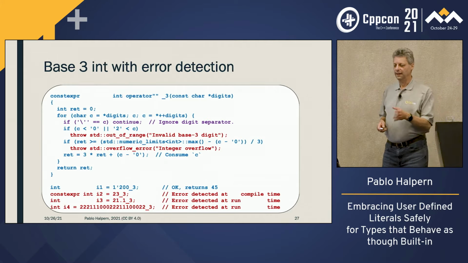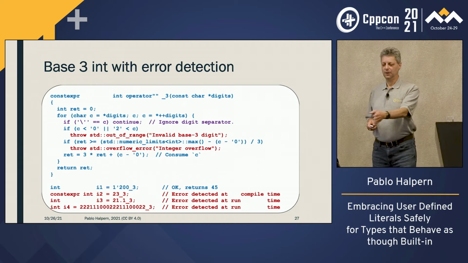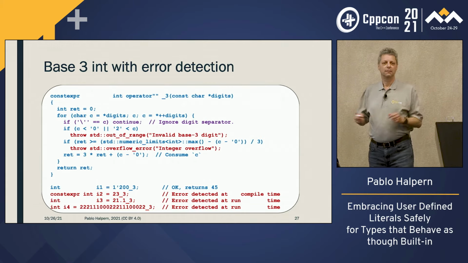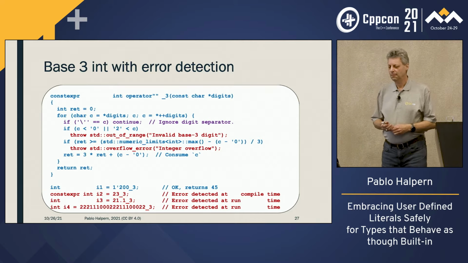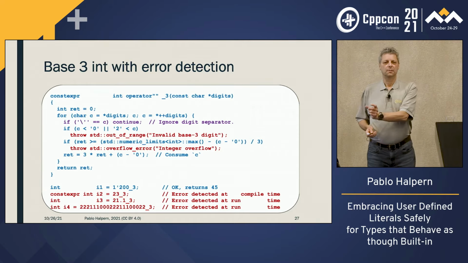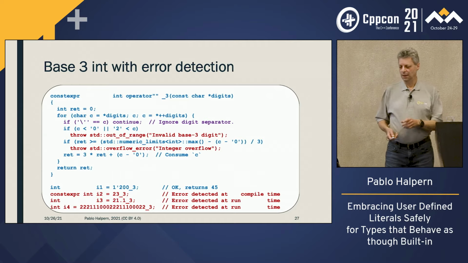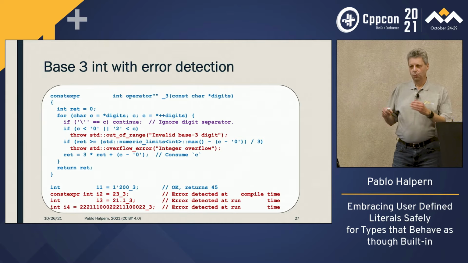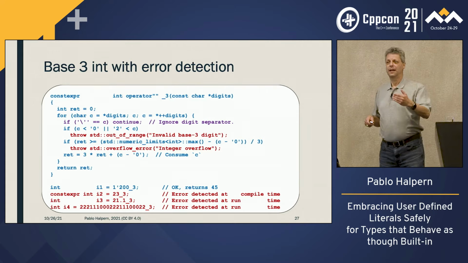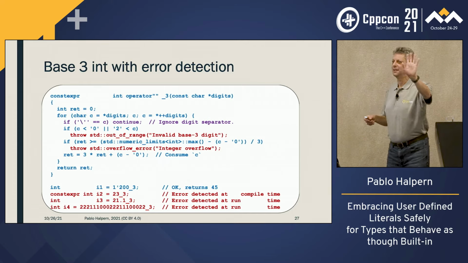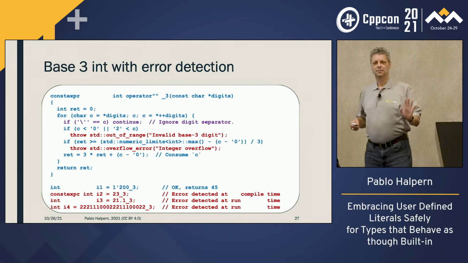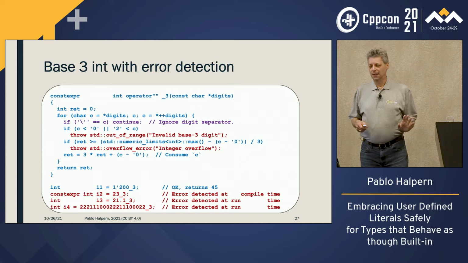Now, what do we have? Our first example, 12003, works great, returns 45 in decimal. The next one is a constexpr declaration. And when we try and evaluate this thing at compile time, it throws. And if you try and throw at compile time, the compiler says, oh, no, you can't throw in a constexpr function at compile time, so you get a compile time error.